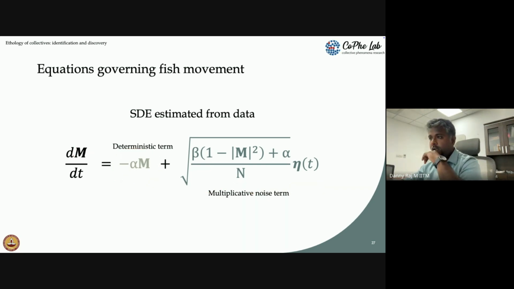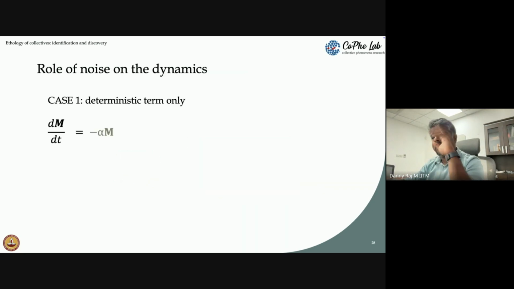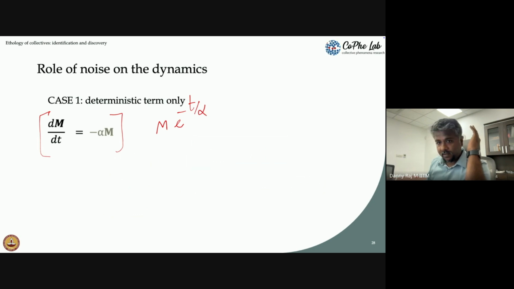Okay. Now, let's say we consider only the deterministic case. What happens? This becomes your equation. Now, what is the solution for this equation? It is m e power minus alpha t.